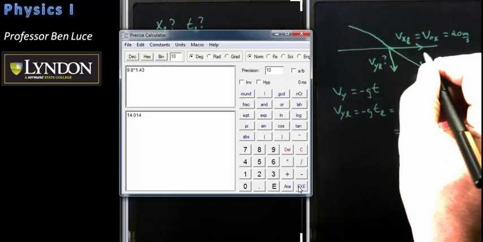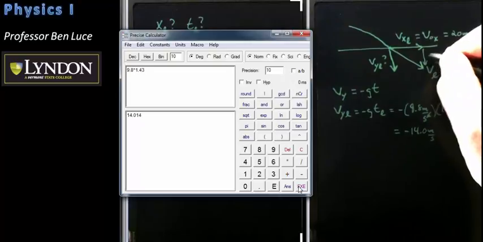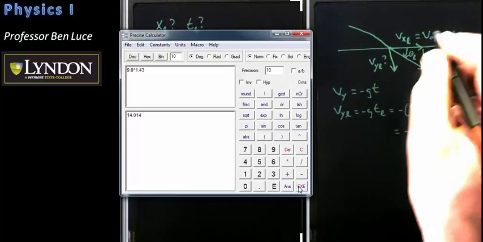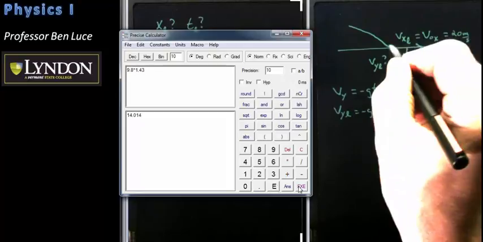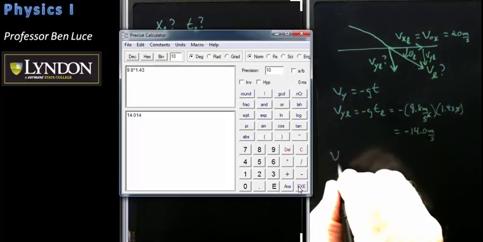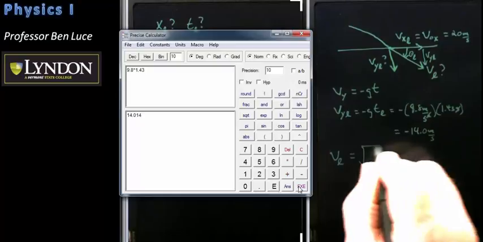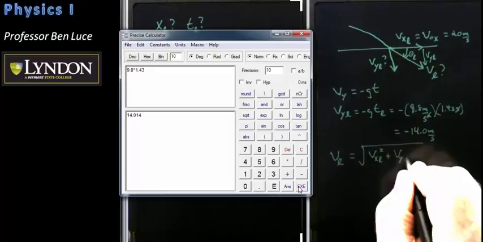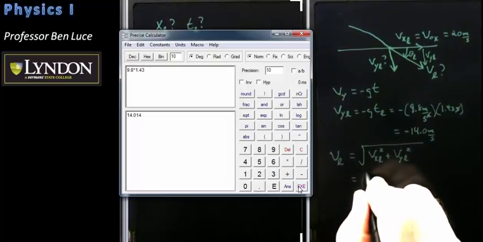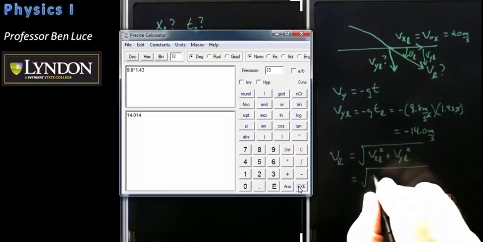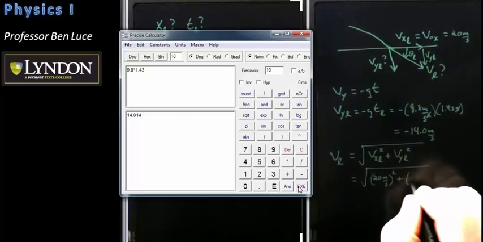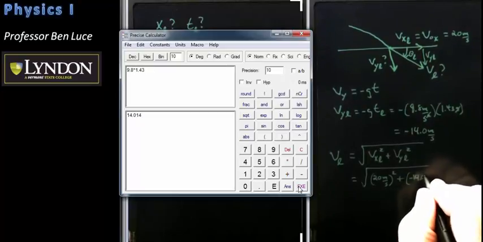Now, using the Pythagorean theorem, since Vyl forms the opposite side of this triangle, and Vxl is the adjacent, we can use the Pythagorean theorem to compute Vl. So we have 20 meters per second squared plus a minus 14.0 meters per second squared.